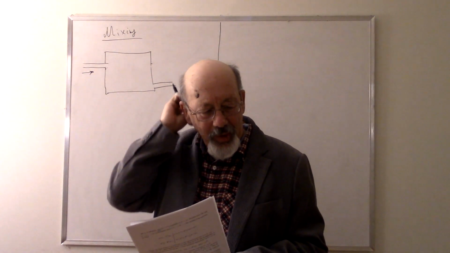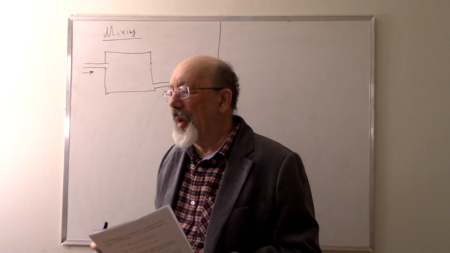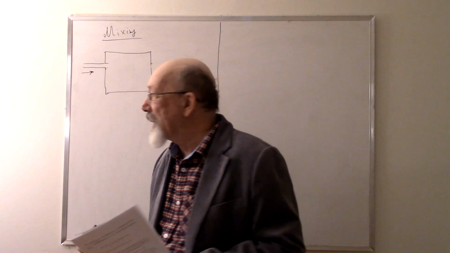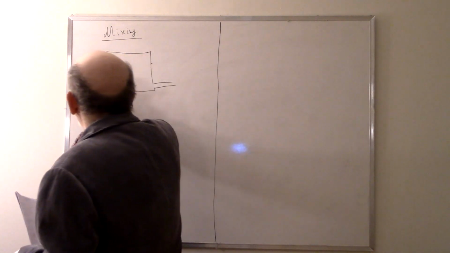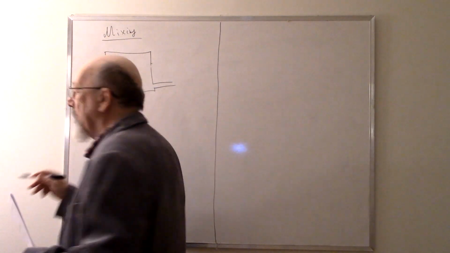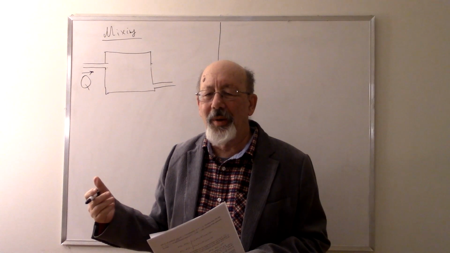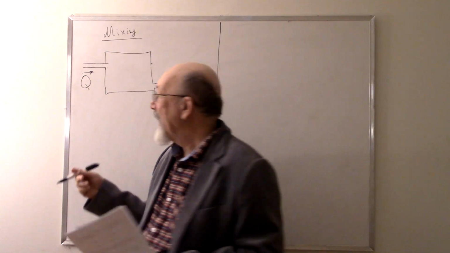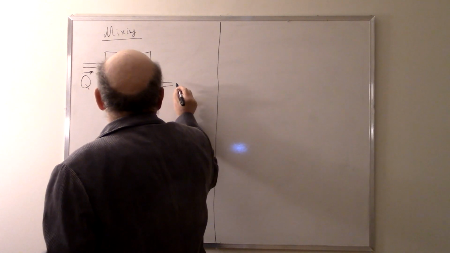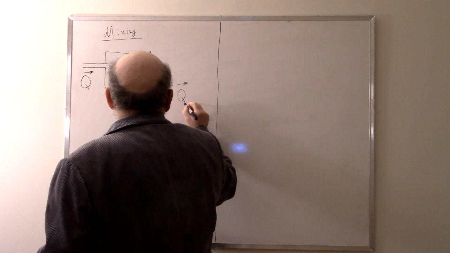Say it can be salt or sugar or some paint or maybe some hydrocarbon. Okay, no matter. It flows in with some rate Q, so how many cubic meters enters per unit time. Here the liquid goes out, say with the same rate Q.